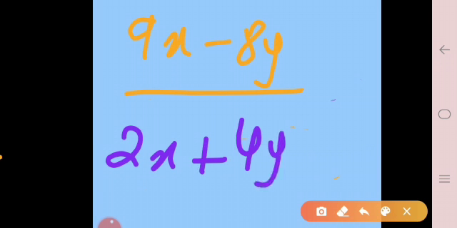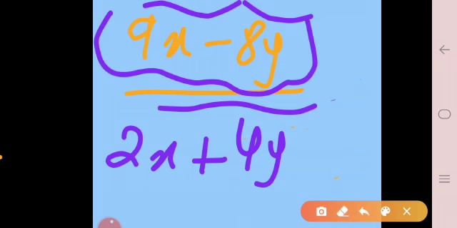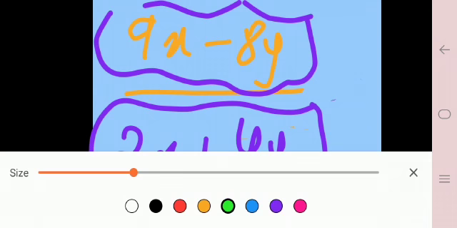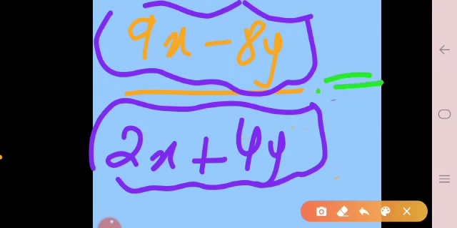So if I join these two expressions, अगर हम इन दोनों expressions को आपस में मिला दें, what you will get? We will get an algebraic equation. लेकिन मिलाना किसके थ्रू है? मिलाना है इनको equal to sign के ज़रिए. So let's join them up together again.